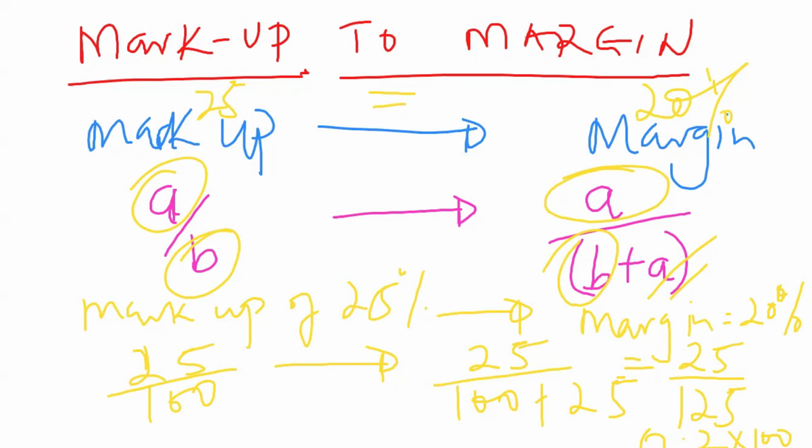So we have to be very careful on this because we are going to face it either in multiple choice questions or in our essay. You can find this anywhere, either in our section A or section B. So we have to get the principles of the markup, and also the principles for the margins.